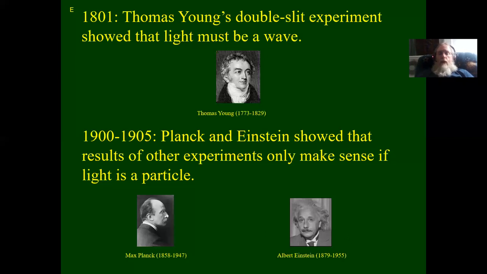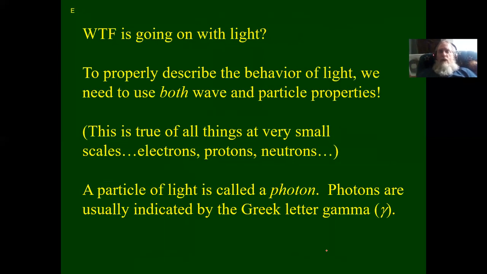But then between 1900 and 1905, Max Planck and this guy named Albert Einstein, you probably heard of, showed that the result of those experiments only makes sense if light is a particle. So what's going on? Is it a wave or is it a particle?